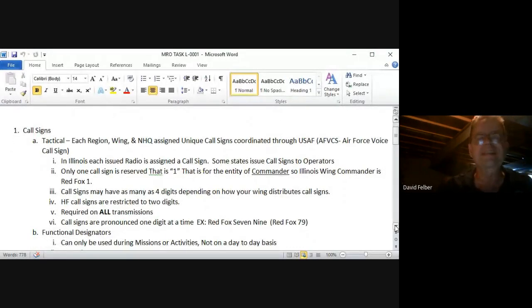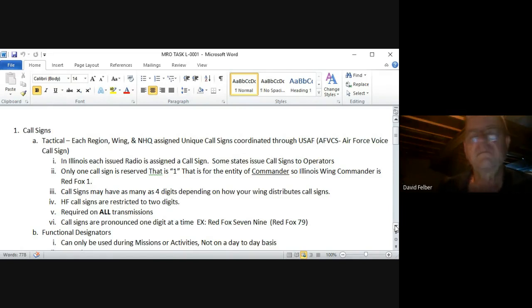There's two types of call signs: tactical call signs and functional call signs. Each region, wing, and national headquarters is assigned a unique set of call signs coordinated through the Air Force. In Illinois, each radio is assigned its own call sign. Some wings have call signs issued to operators.